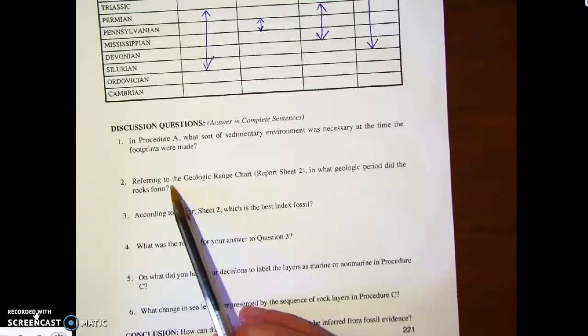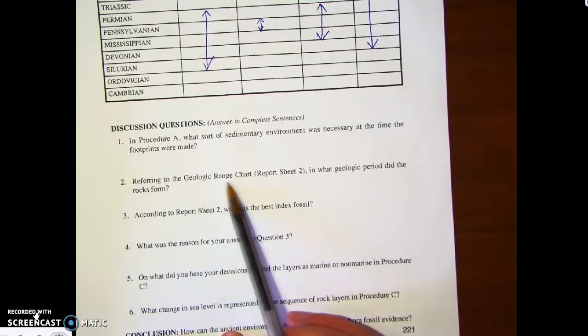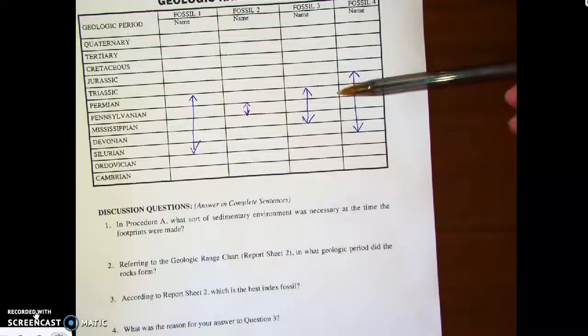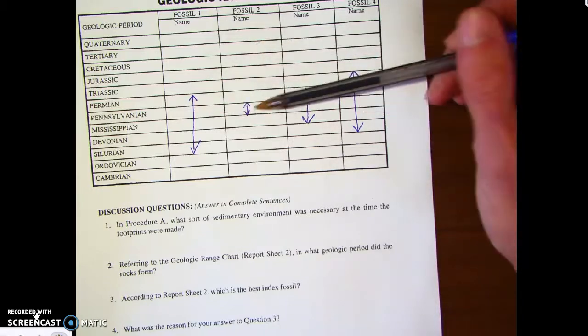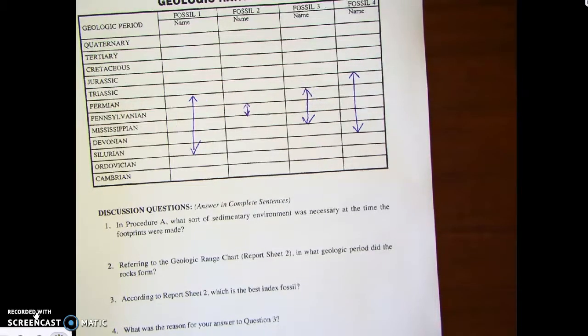For the second one, referring to the geologic range chart, which is this up here, in what geologic period did the rocks form? Well, if we're looking at all of these fossils, basically what the question is asking is, well, when could this rock have formed that these fossils were found in?